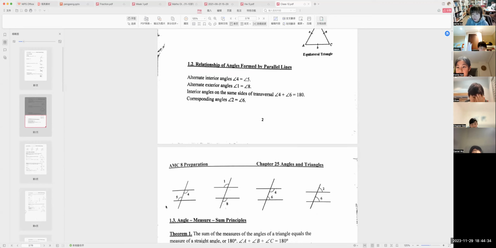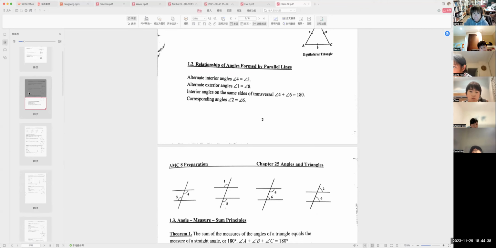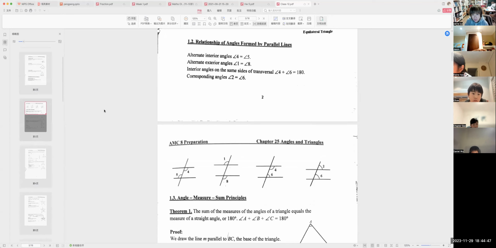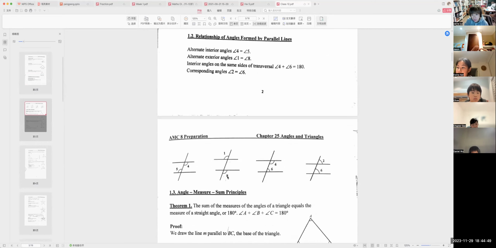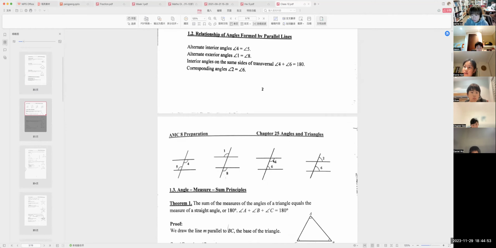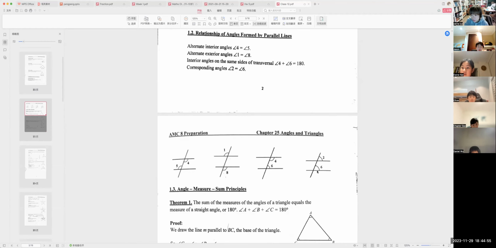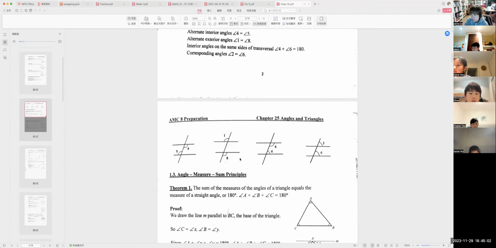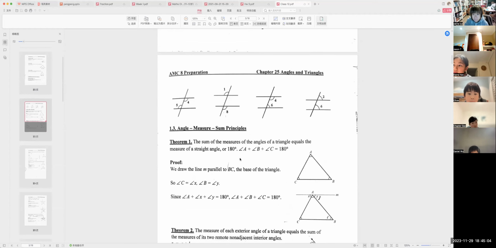But the thing is, these two lines must be parallel, right? Because of these two lines, 1 and 8 are the same, 4 and 6 put together equal 180, and 2 and 6 are the same. Do you understand, everybody? If you understand, I'm not going to spend any time explaining it. Okay, good job.